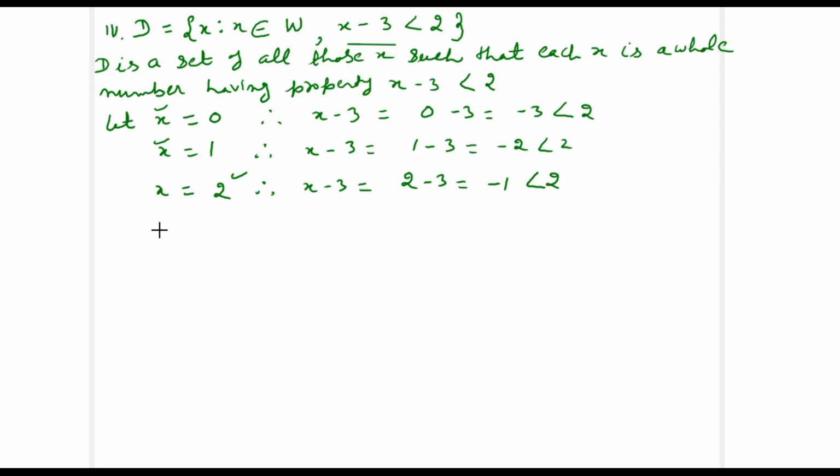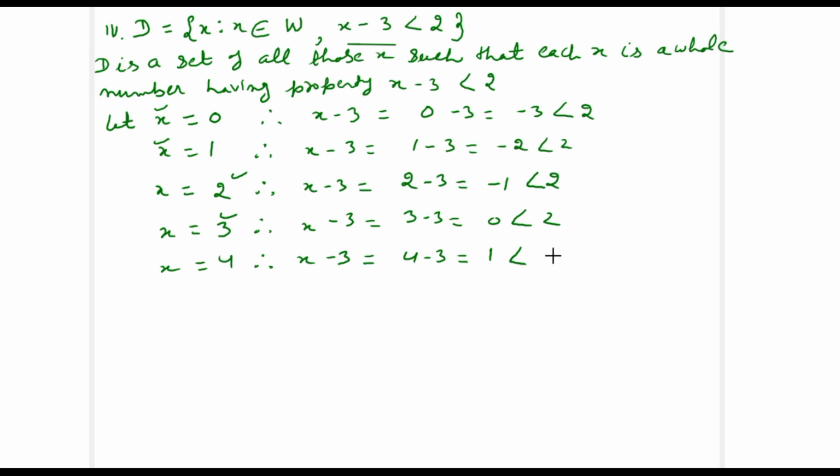Now put x equal to 3. Therefore x minus 3 would become 3 minus 3 equal to 0, which is also less than 2. It is also satisfying our condition. X equal to 4. Therefore x minus 3 would become 4 minus 3 equal to 1, which is also less than 2. So it is also satisfying our condition.